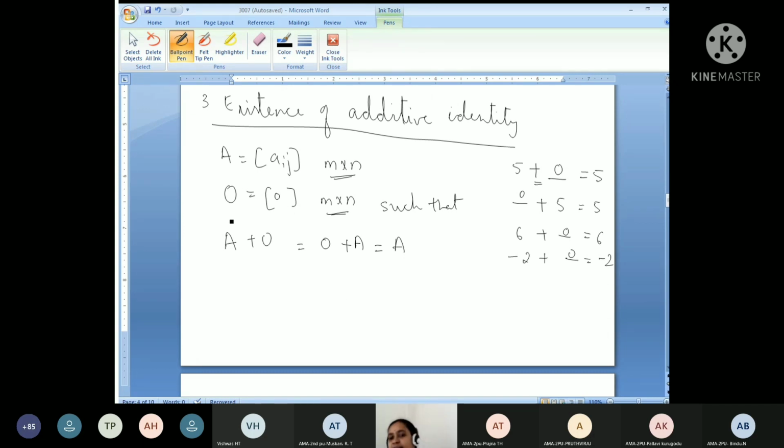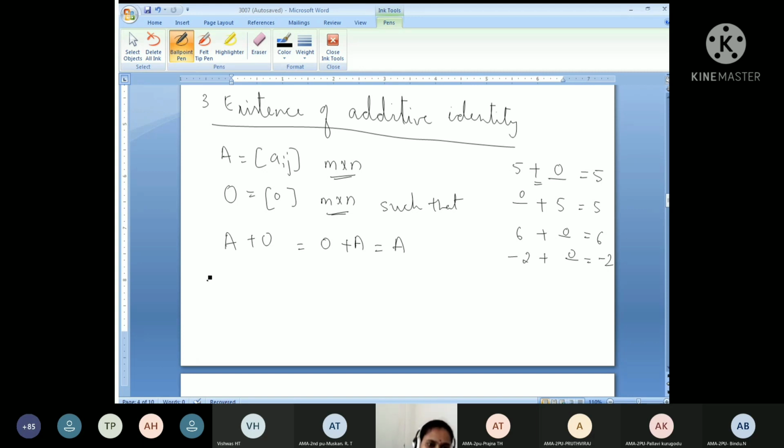Therefore, which matrix is called the additive identity? Yes, the 0 matrix is called the additive identity.